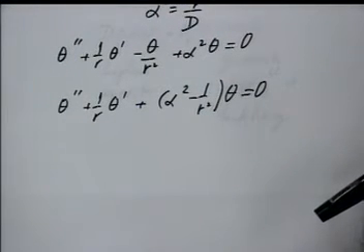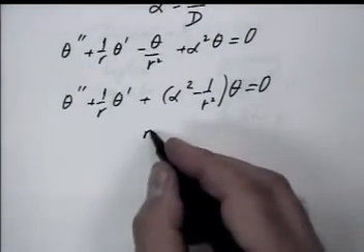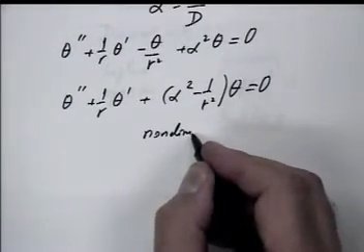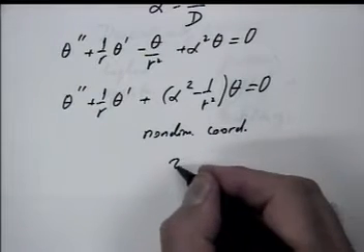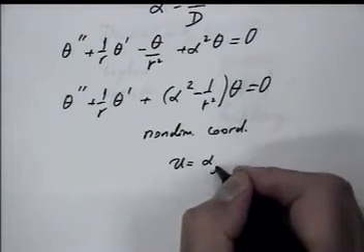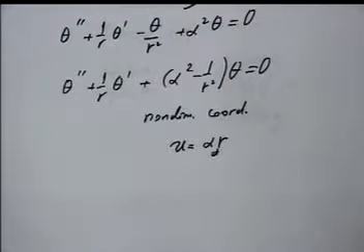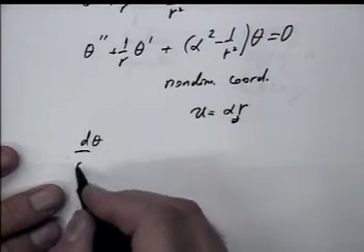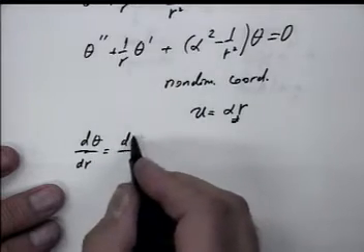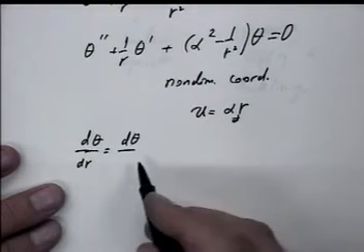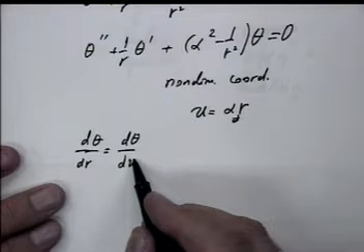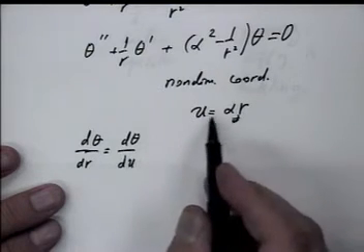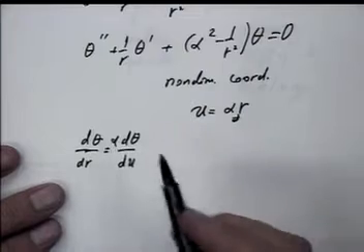Now we can introduce a non-dimensional coordinate U, which is alpha times r. Then we will have d theta dr equals d theta du times du dr, where u equals alpha r, so that will be alpha here.